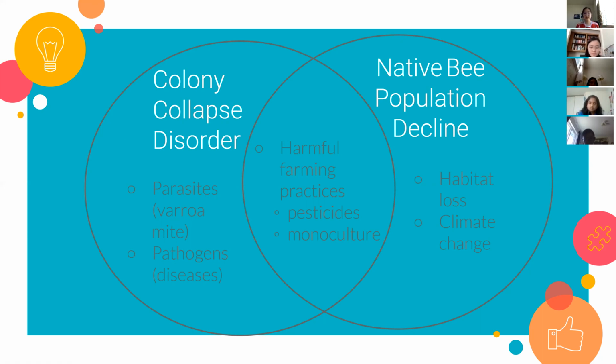The native bee population decline, on the other hand, is mainly caused by habitat loss and climate change. So basically the problems on the right circle, under native bee population decline, habitat loss and climate change aren't really affecting honeybees. And on the other hand, parasites and pathogens aren't really affecting native bees. But there are problems that affect both. So harmful farming practices, which is basically the usage of pesticides and the practice of monoculture, affects both bees really badly. Next slide, please.